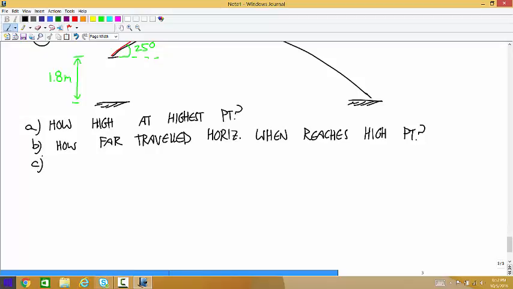And then the third one is how far has it traveled horizontally when it hits the ground.